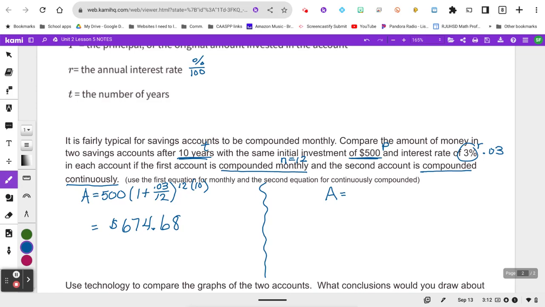So here we're going to take A equals, A means the final amount, our initial amount times E to the rate of 0.03 times our 10 years. And if we put that straight into the calculator, we're going to get $674.93. So very, very close in amount. It's less than 30 cents more as difference. That's pretty neat.